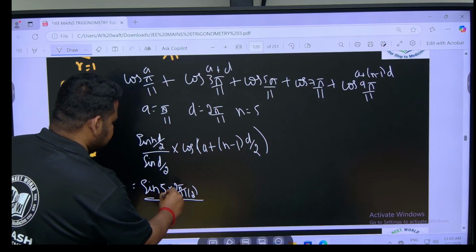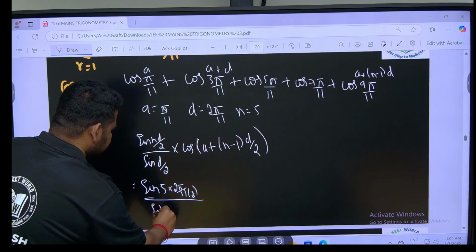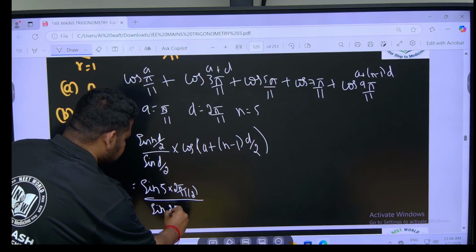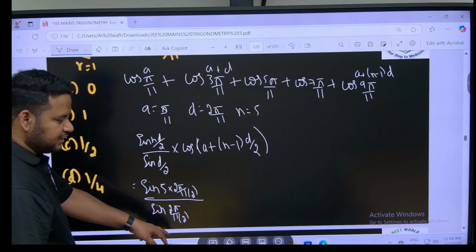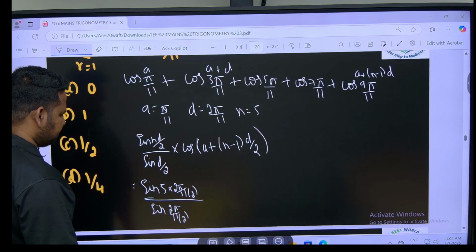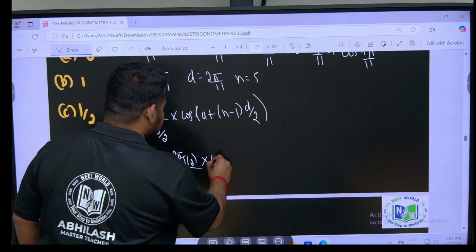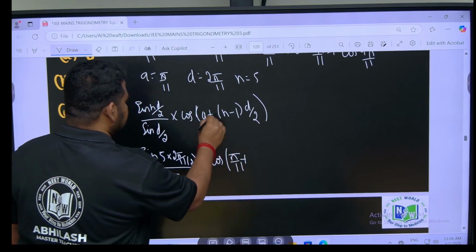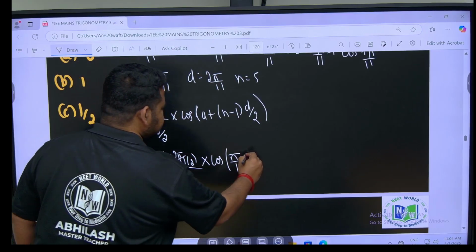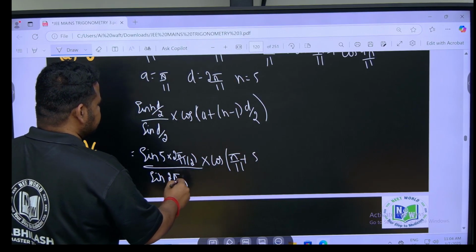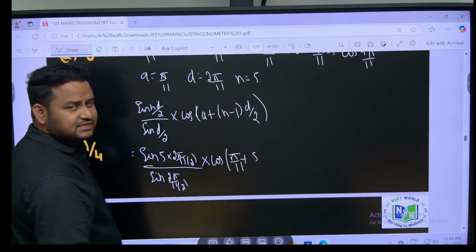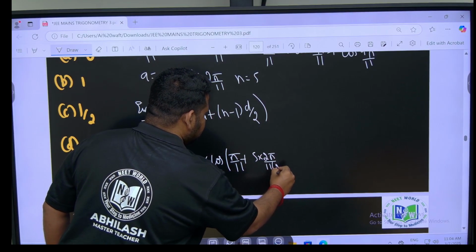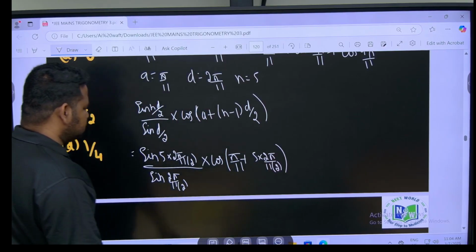I'll write here 2 pi by 11 into 2, into cos of a plus n minus 1 into d by 2, where a is pi by 11 plus, n minus 1 is 5 times d by 2, where d is 2 pi by 11, into 2.